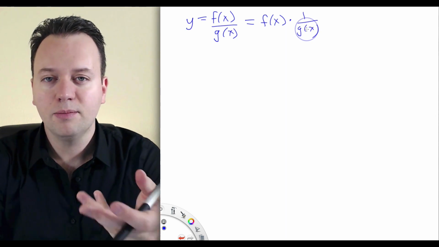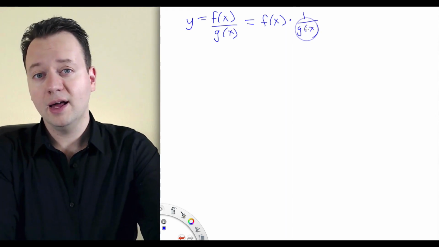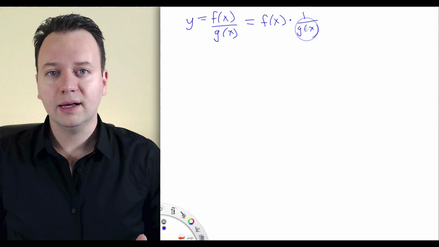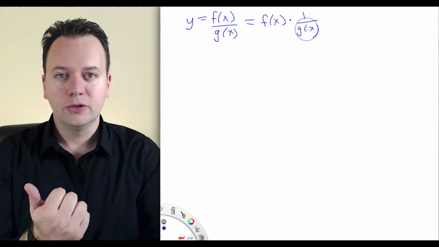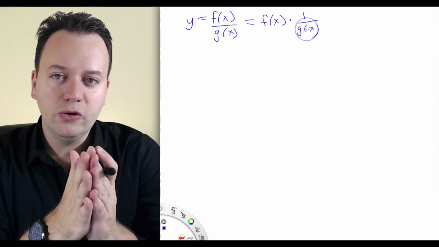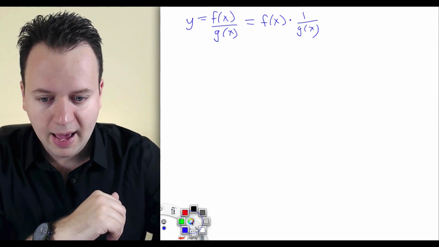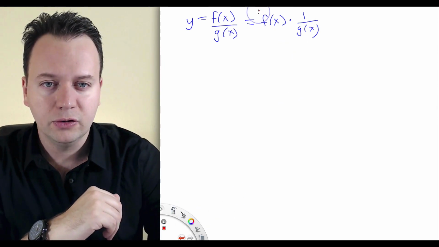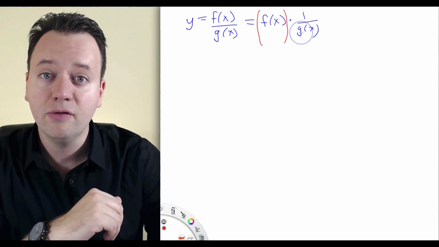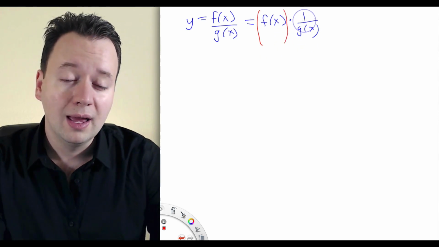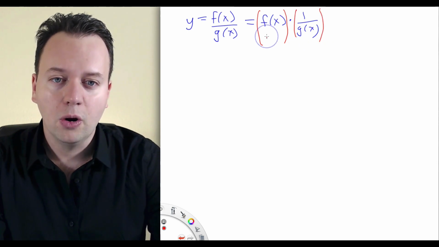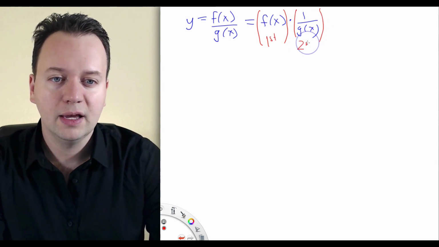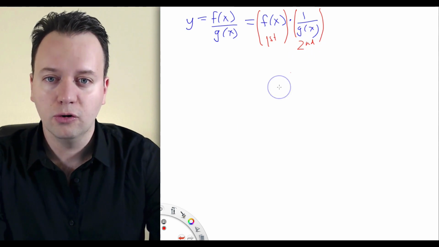Right, so dividing by a number is the same as multiplying by its reciprocal. So if we divide by g of x, it's the same as multiplying by 1 over g of x. So you can see right away how you can use the product rule here, because we basically have now a product of two functions, the first function being f of x, and the second function not being g of x, but 1 over g of x. So our first function is f of x, and our second function is 1 over g of x.